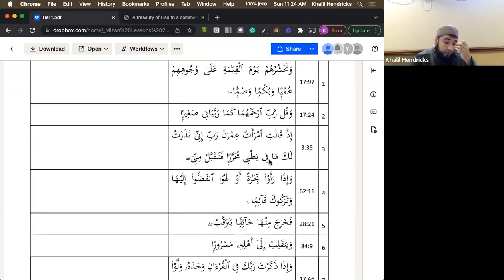You see, there's other ways in which hal comes as well. Sometimes you have an entire sentence that is there for hal. Either a verbal sentence or a nominal sentence. And you would have come across that before. You have a sentence that starts with wow. And it usually takes the form wow and then a damir, wa huwa, something or something. Wa huwa bi kulli shay'in alim.